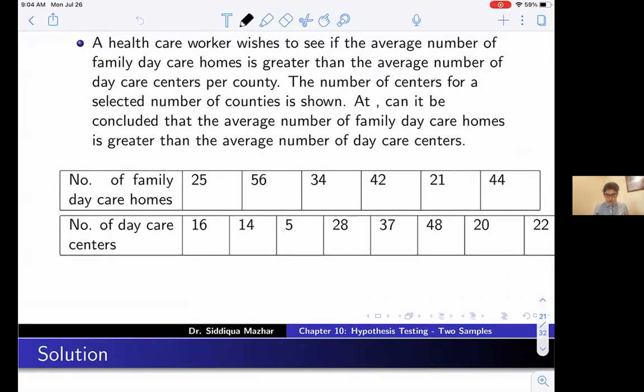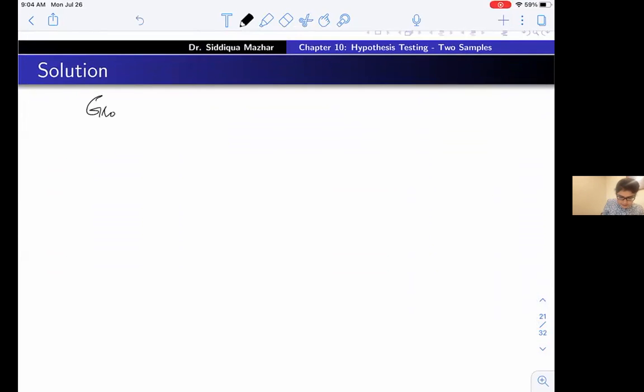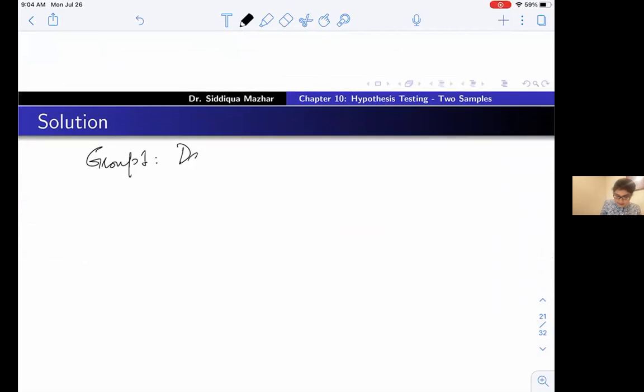Well, we have these two groups. So first we have group 1. You have to be very careful when you are selecting one group or another group, because in this case I'm calling the family daycare homes the first group, and group 2 I'm calling daycare centers.